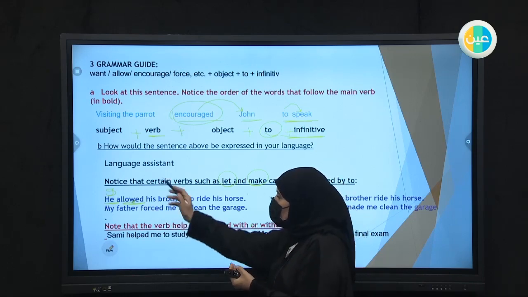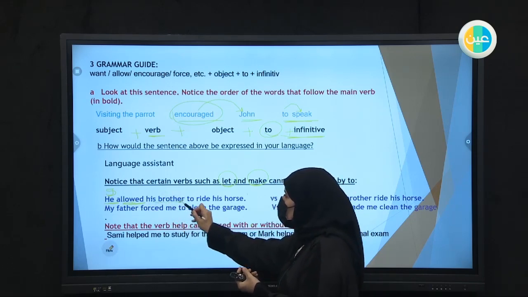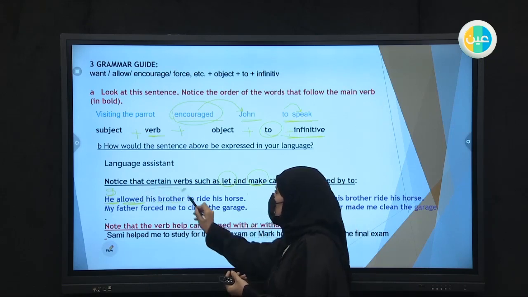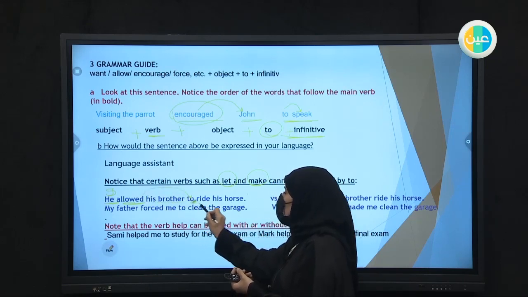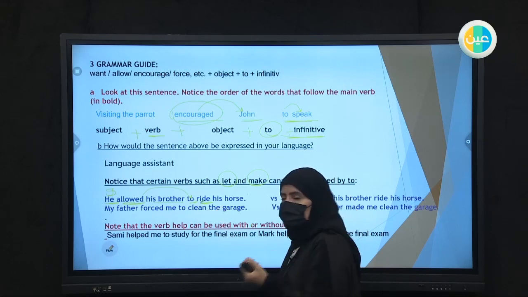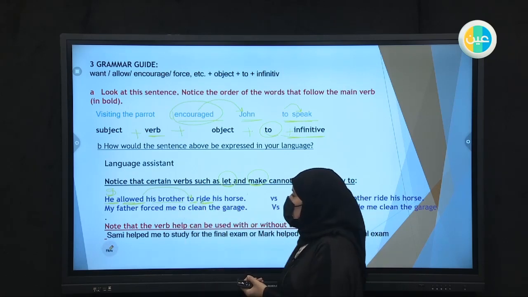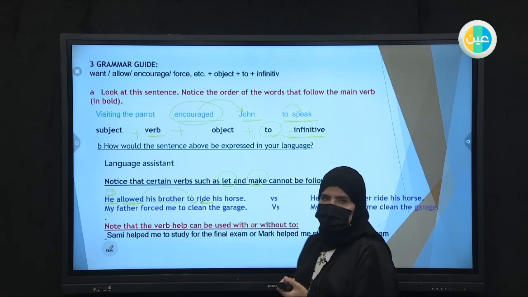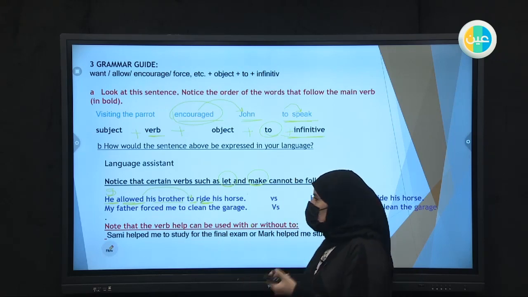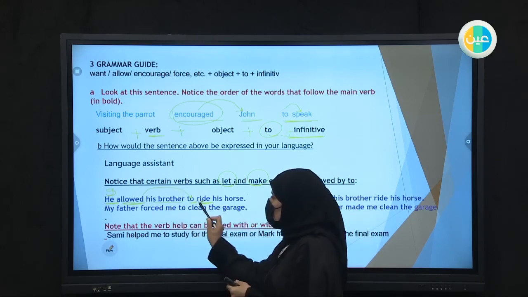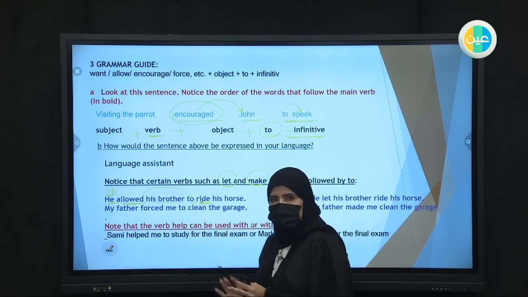So allowed, his brother اللي هو الobject. What comes after allowed? To. Then ride. So here: he allowed his brother to ride his horse. سمح لأخيه أن يمتطي الحصان. So here allowed جاءت مع to وبعدها جاء الفعل بالمصدر.